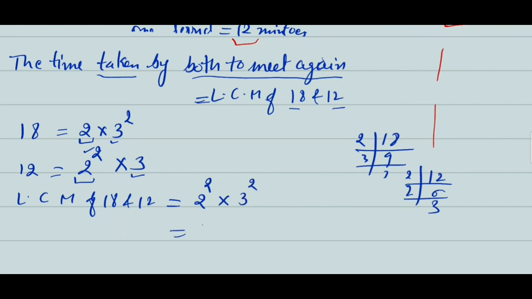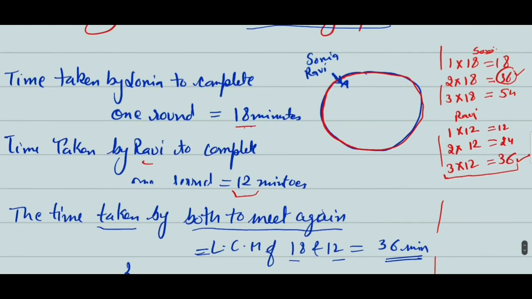This is equal to 4 into 9, which is equal to 36. It means they will meet again at 36 minutes. From here also we got 36. So at 36 minutes, Sonia will complete her second round and Ravi will complete his third round.